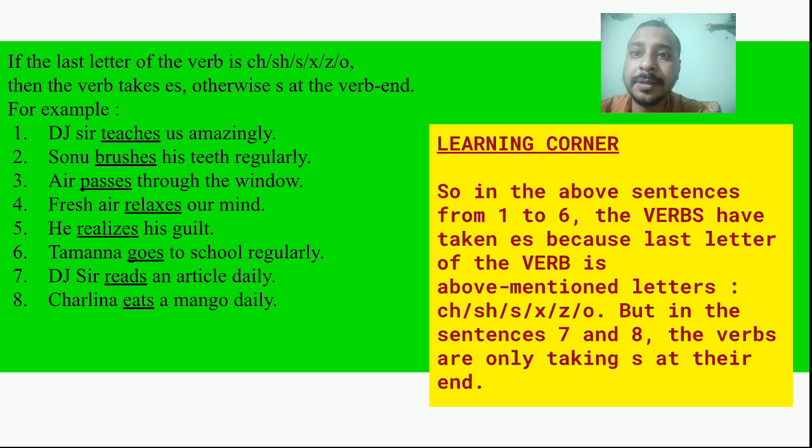So see the learning corner. In the above sentences from 1 to 6, we can consider 6 also, excluding number 5, the verb ended with the above mentioned letters like CH, SH, S, X, Z and O. But in sentences 7 and 8, the verbs are only taking S at their end.